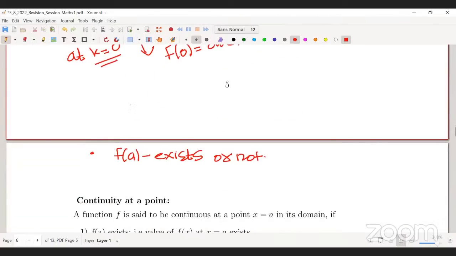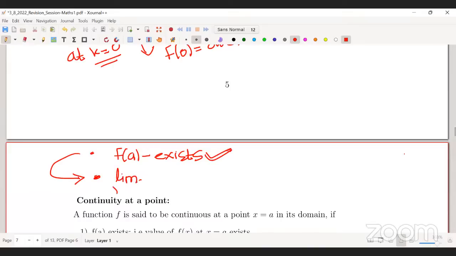Now suppose f of a exists. So the next thing you need to do is check the limit of the function.